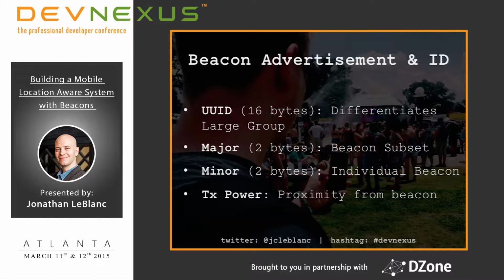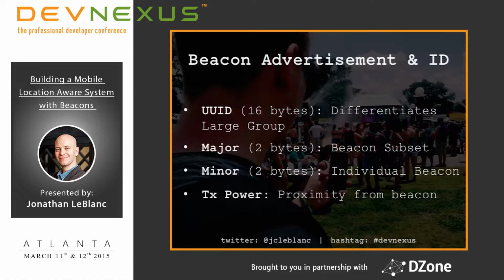The unique identifier, which is a 16-byte string that will differentiate large groups. Usually within the Estimotes, they're all just unique on their own. And then there are 2 pieces, the major and the minor, each 2 bytes themselves. And those 3 combined make up a 20-byte string that's a unique identifier for each beacon. So that's how you identify each beacon in a physical space.